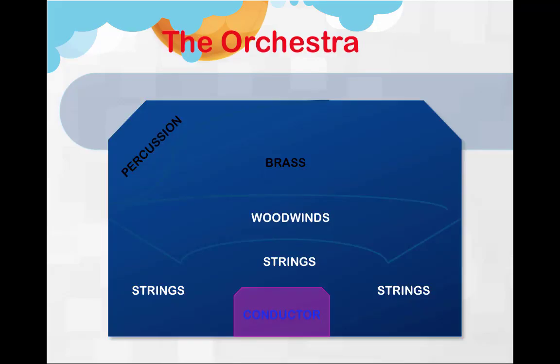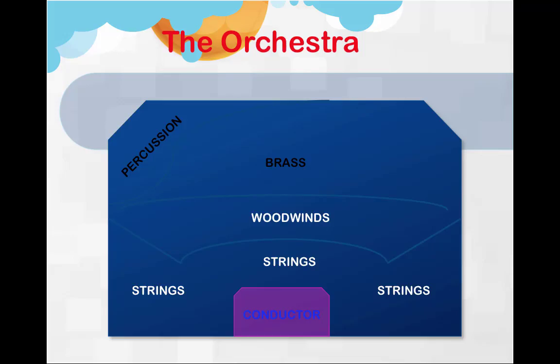Okay, so there are many instruments in Western classical music, and especially when they appear in an orchestra, they appear in a certain organization. You don't want to just have the instruments all mixed up on the stage. That would get very confusing.